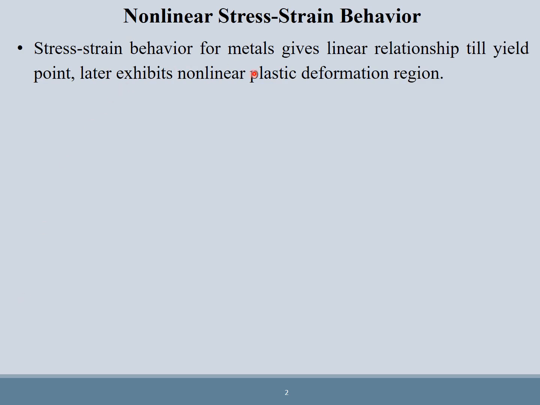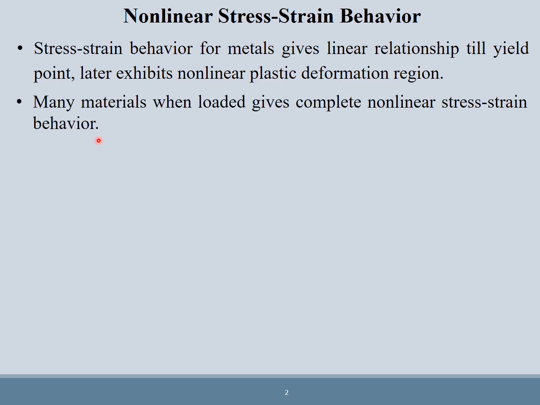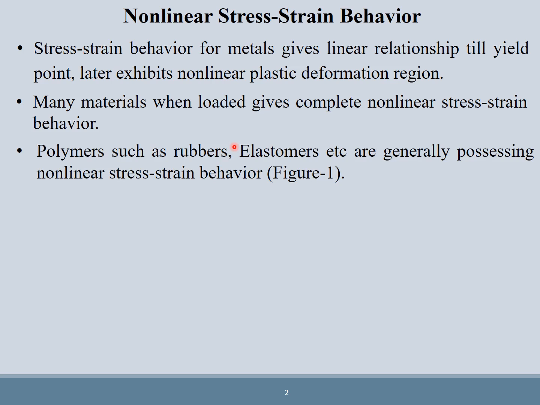Stress strain behavior for metals gives a linear relationship till the yield point, later exhibits a non-linear plastic deformation region. But many materials when loaded give a completely non-linear stress strain behavior. Polymers such as rubbers and elastomers generally possess non-linear stress strain behavior.